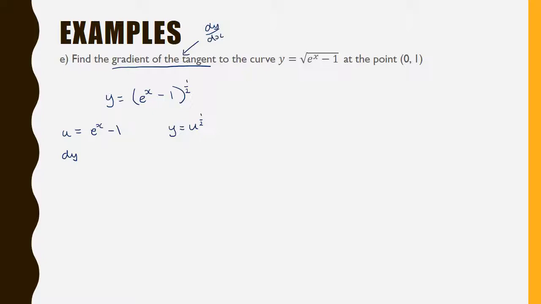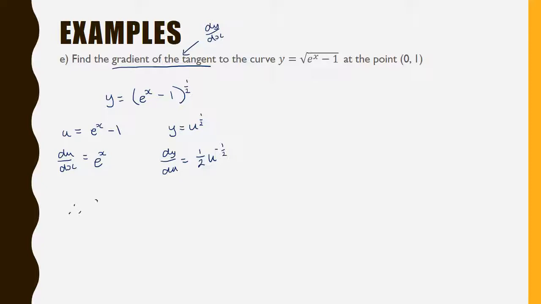We need to differentiate with respect to u, and we differentiate u with respect to x. The derivative of e to the x, the derivative of x is 1, multiplied by the original function. The derivative of negative 1 is, of course, 0. For dy du, we multiply by the power, and we subtract 1 from the power.